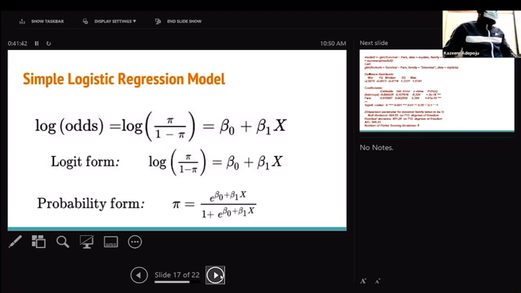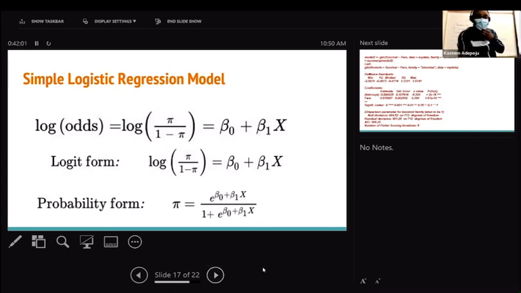But let me show you this. When I'm writing it this way, I'm going to be referring to beta naught and beta one as the log odds estimates, when I'm using the logit form.